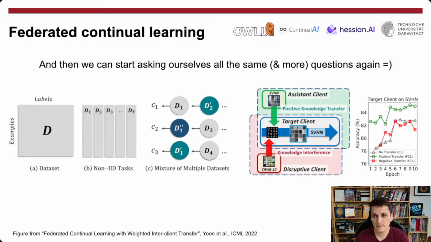So in that sense, you can ask yourself the same question on knowledge transfer we've been asking ourselves here, as illustrated on the right diagram. Maybe you have a target client, a target model that you're currently interested in, and you want to figure out what knowledge you can transfer from different clients and their time trajectory.